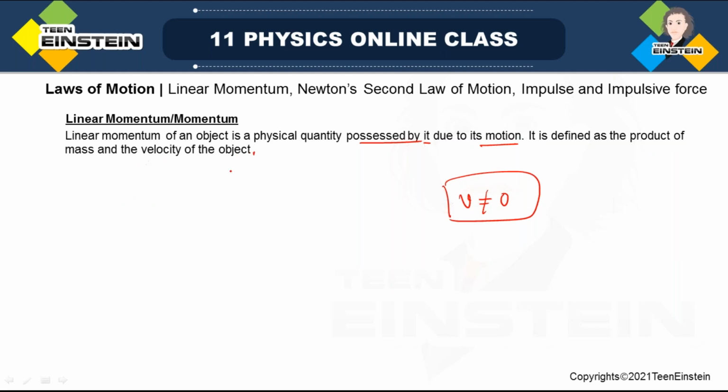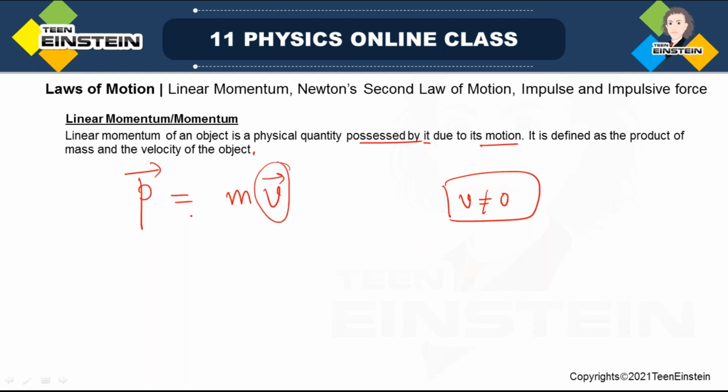Linear momentum is denoted by small p. If you want to write it in terms of vector, you can write it so. It is the product of mass and the velocity. So this is the velocity.